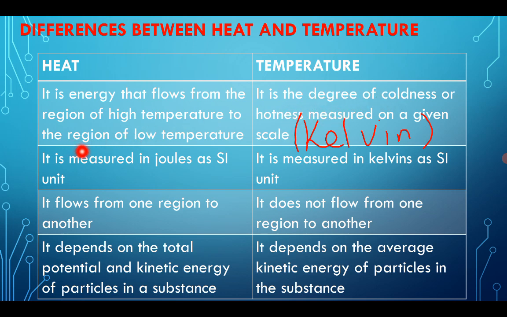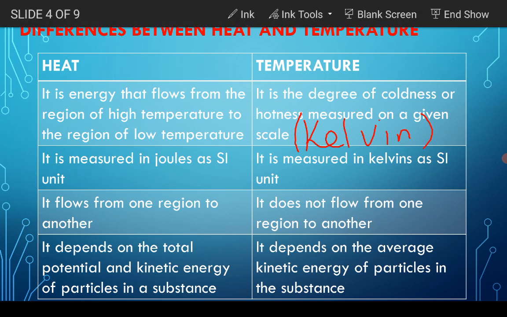Another difference is that heat is measured in joules as its SI unit. The SI unit of energy is the joule, and like all forms of energy, heat is also measured in joules.